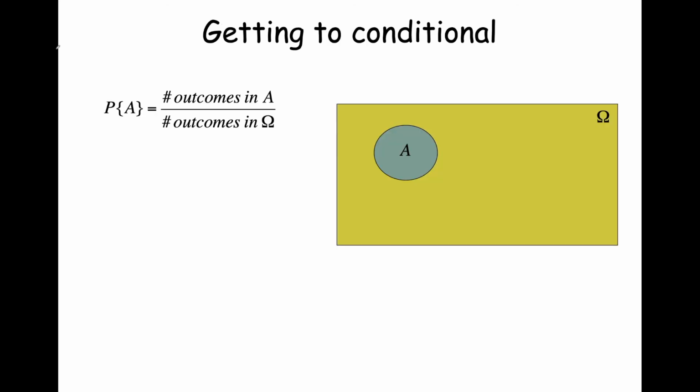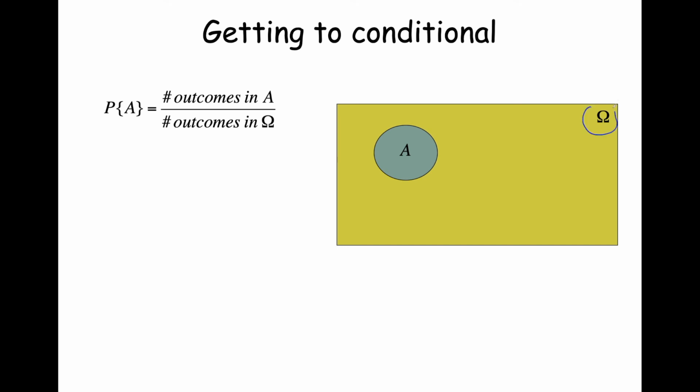So let's get to this conditional probability. From our definition of a straight probability as being the number of outcomes, the favorables in an event, over the total number of outcomes possible, i.e. outcomes in our sample space omega. And on the right, I have a Venn diagram, and my universe of consideration is my sample space omega at the outset.